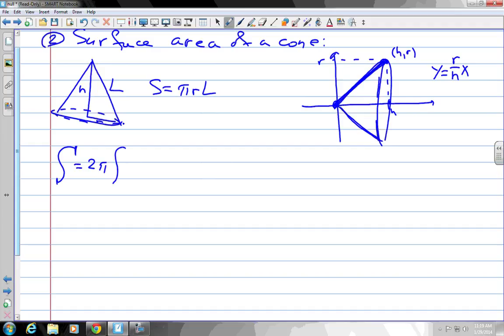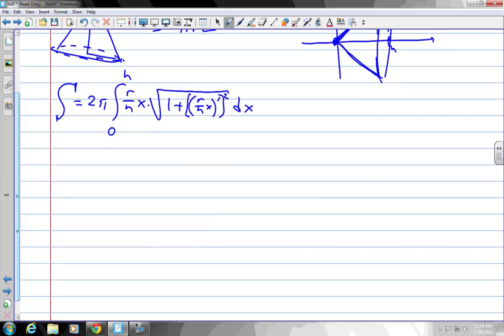So then it's the integral from 0 to h, the function r over h times x, times the arc length, which is the square root of 1 plus the derivative of that squared, dx. So what is the derivative?